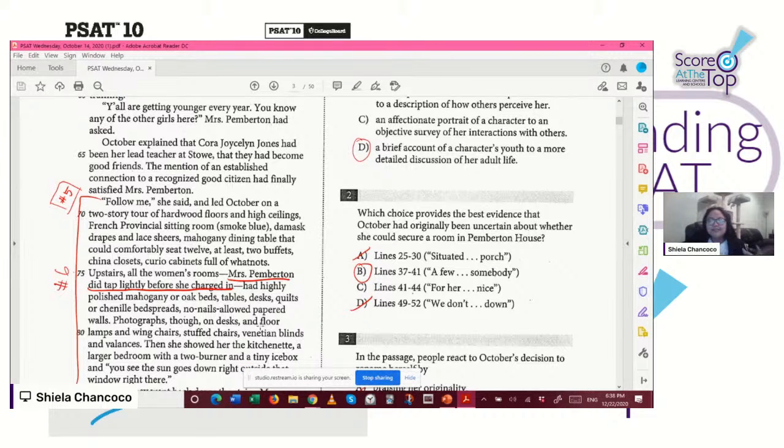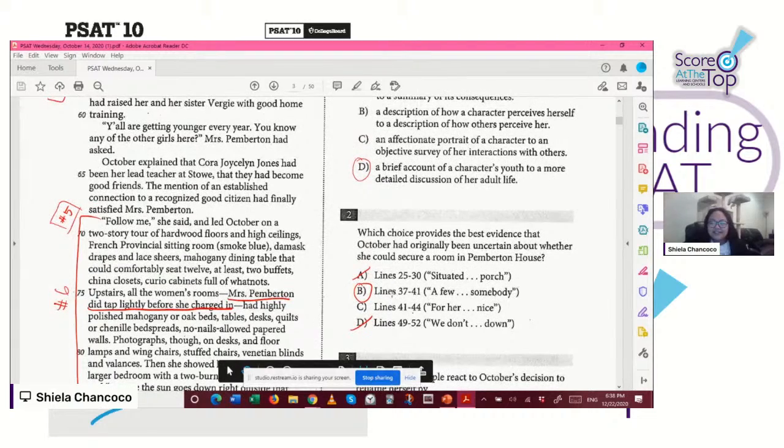I like to eliminate choices because it's easier to compare 2 choices than 4, so process of elimination helps tremendously. If you know for sure it's not A and not D, it's more than likely B, so let's go look at B.